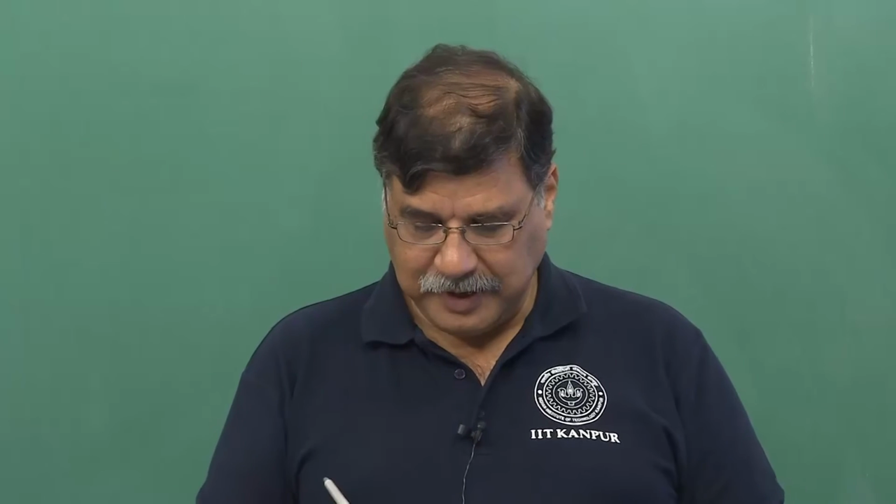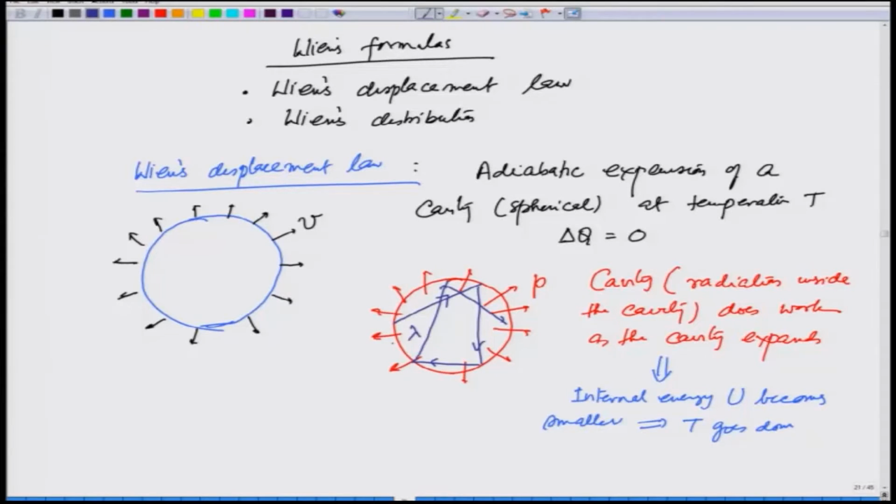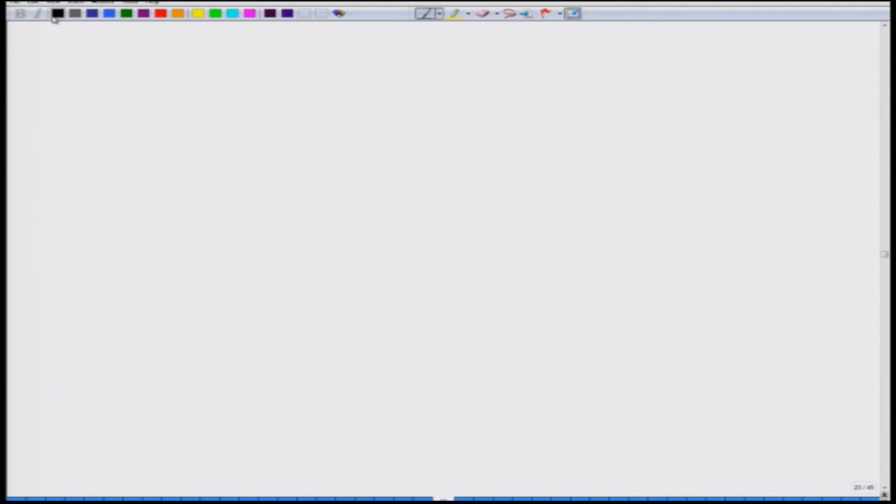So, any light at lambda, as it bounces, its lambda is going to increase, because frequency is going to go down. By studying this adiabatic expansion, I can relate how much the change in lambda is, and how that lambda is related to T. Let us see now how these changes occur.